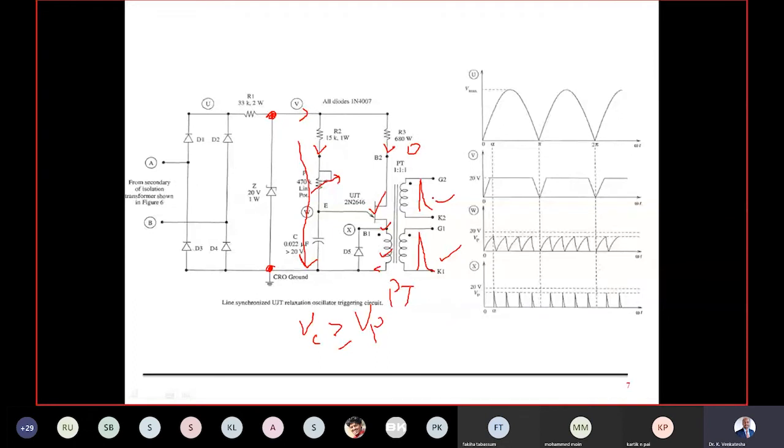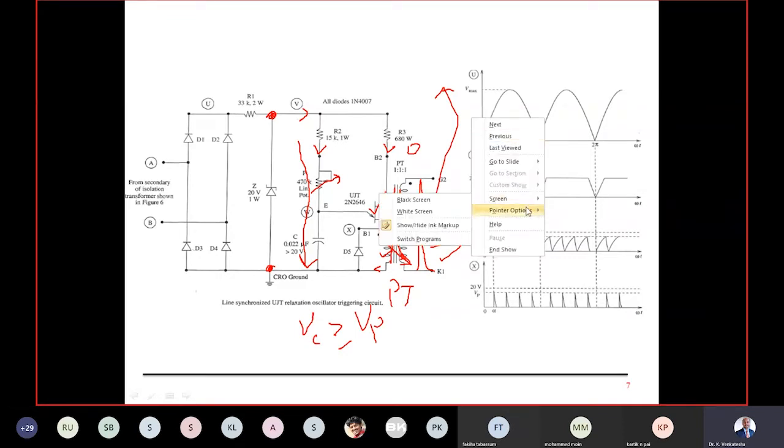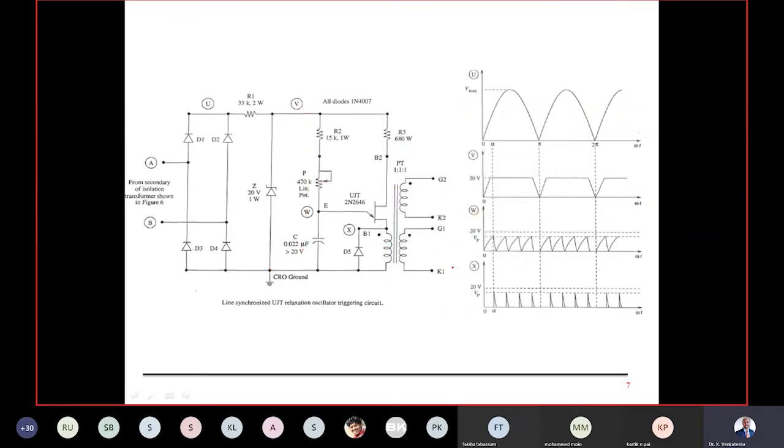I can use one for one SCR and the other for another SCR, and they will work independently. I'll get the same pulse at G1, K1 and G2, K2 with no delay, because the core is common to both. The flux produced from the primary winding links to both sets of secondary windings, hence the pulses produced are almost the same.